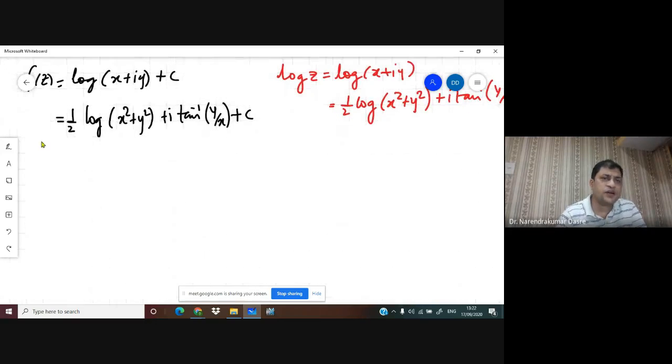Now once we have this f of z, we can compare the real and imaginary parts of the analytic function.